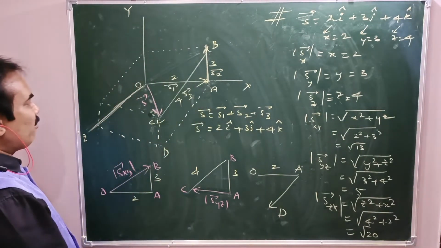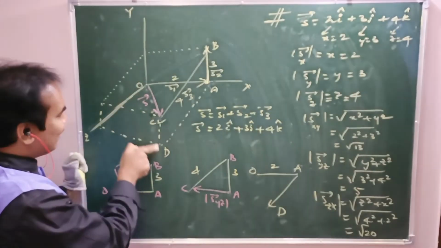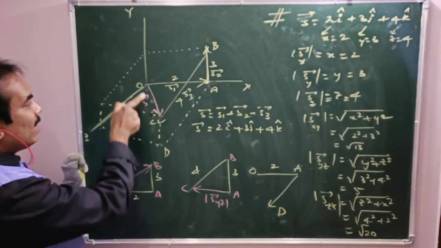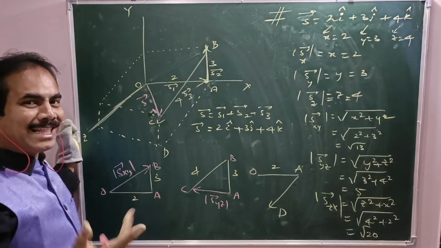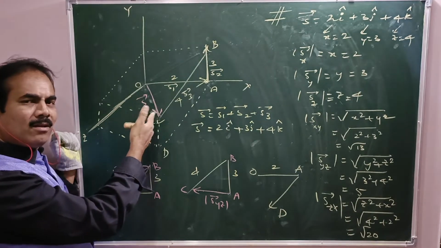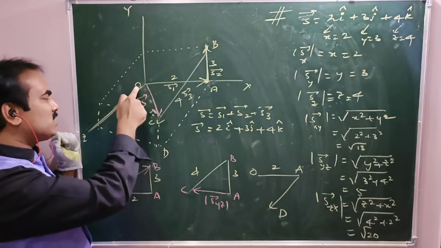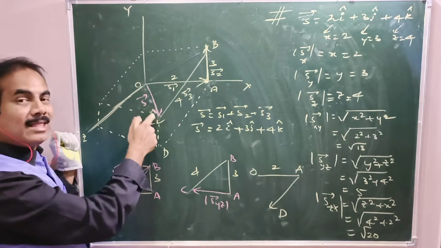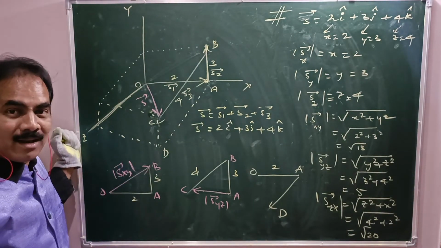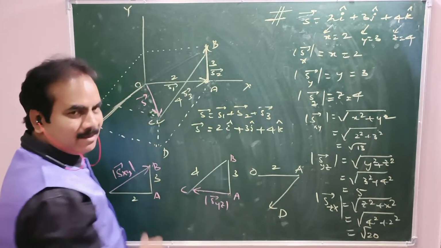Now, what about the length of S bar in the ZX plane? Means from O to D. It's not O to C. If it is from O to C, that means the total length of the vector, mod S bar, the distance from O to C. That becomes the total length of the vector. But here it is the length of that vector in the ZX plane.